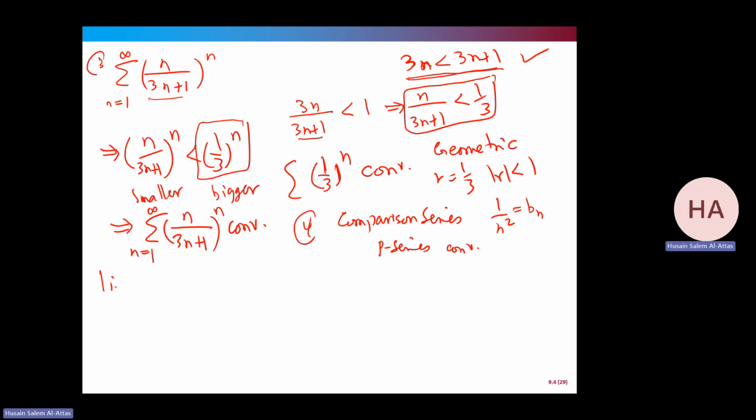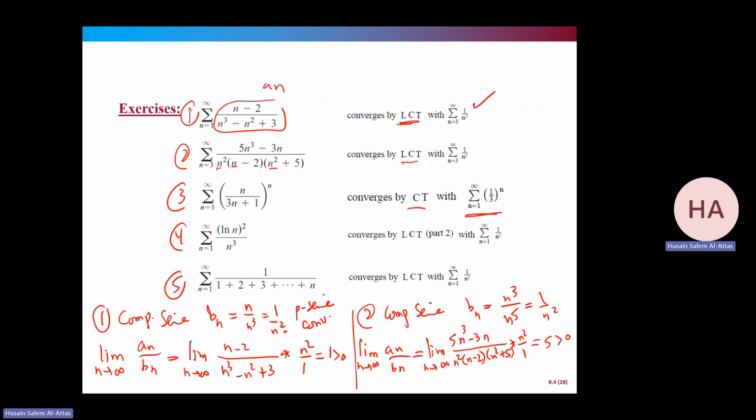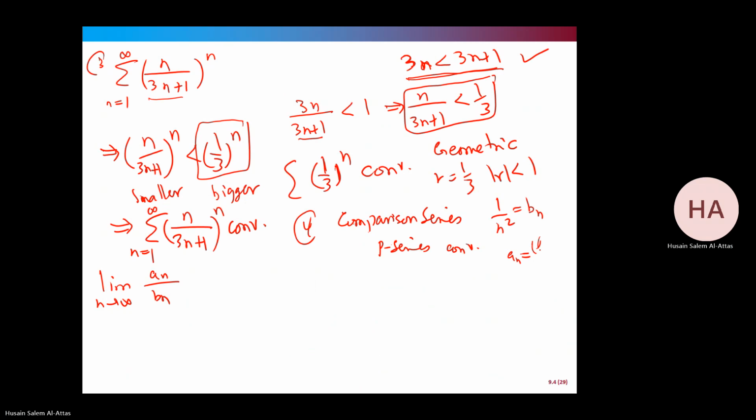So do the limit now. Limit n goes to infinity of an over bn. What is an? From the question, an is ln n squared over n cubed. That gives me limit n goes to infinity of ln n squared over n cubed, reciprocal of this n squared over 1.